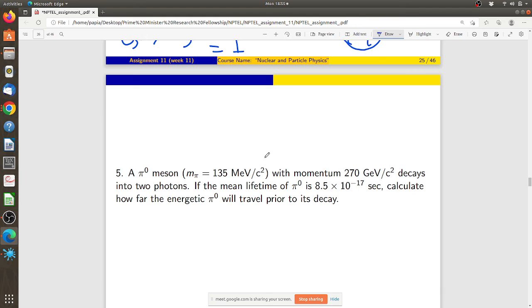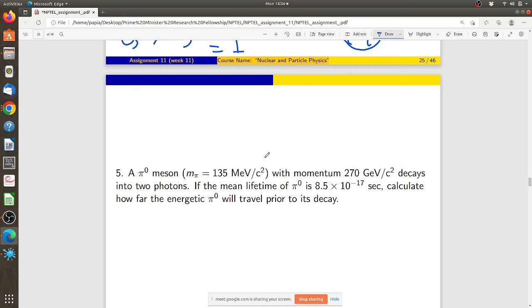So just remember that you have to do one thing. You have to remember this table a little bit. I am not saying that you have to remember all the particles, but you have to remember some of the important particles in particle physics, their S value, their I value, their I3 value, their quark content and all these things.